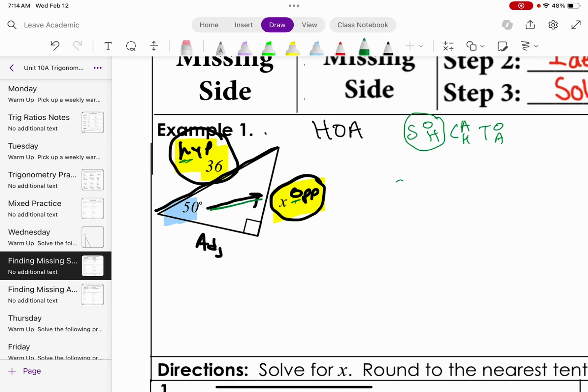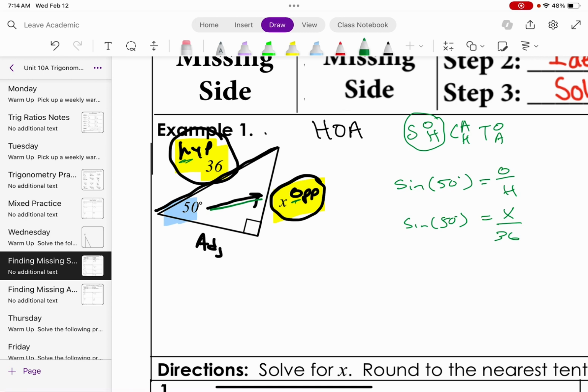So how do you write this? You have sine of 50 is equal to opposite over hypotenuse. I'm just showing you the steps, okay? And then replace whatever those opposite and hypotenuse represent, which is going to be your x as your opposite, and this will be 36. And then you have sine of 50.